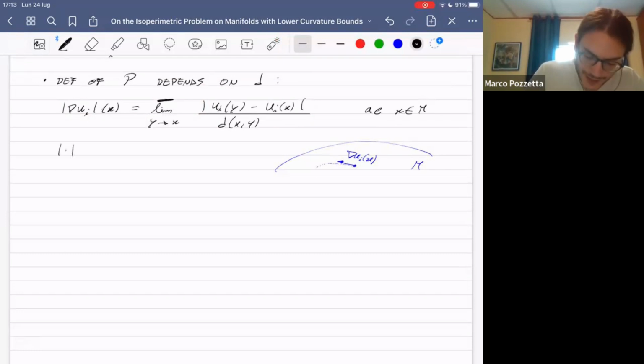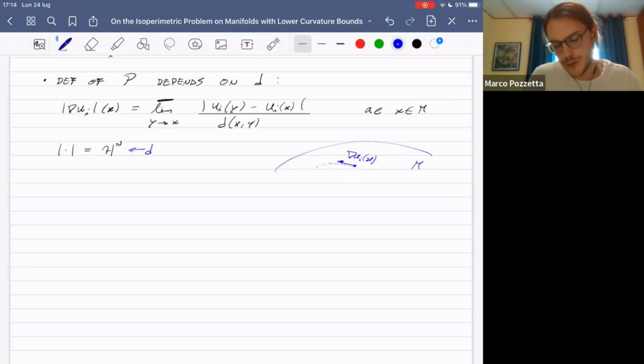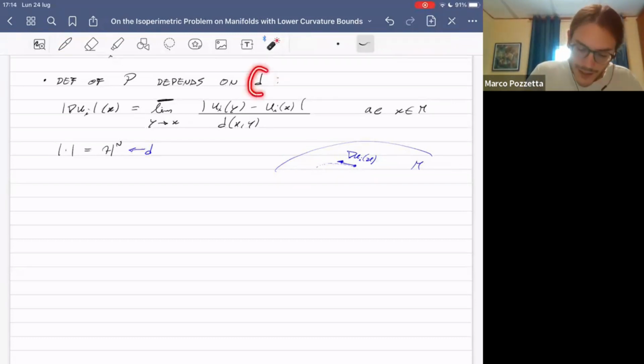But if you believe what I said at the beginning, this can be represented as the n-dimensional Hausdorff measure of the manifold, which is taken with respect to d, right? To define the n-dimensional Hausdorff measure, you only need the Riemannian distance. You only need a distance, right? So eventually, you only need the distance if you want to give this definition of perimeter.